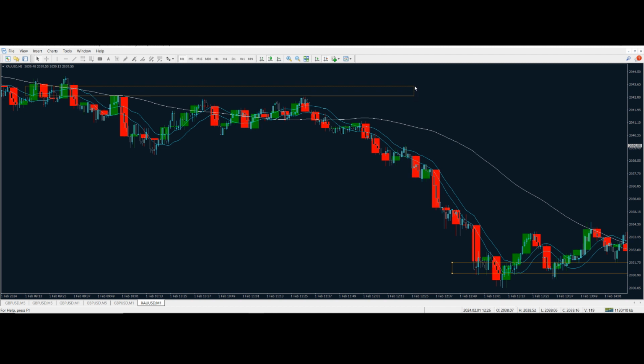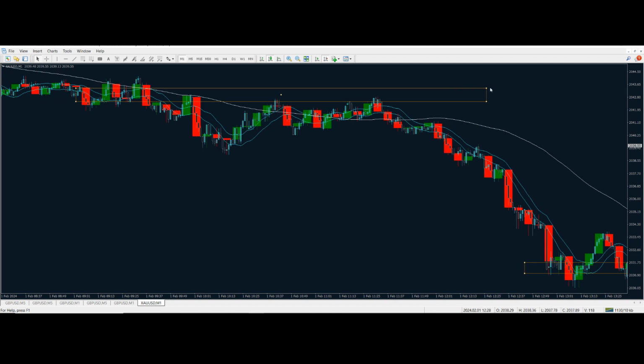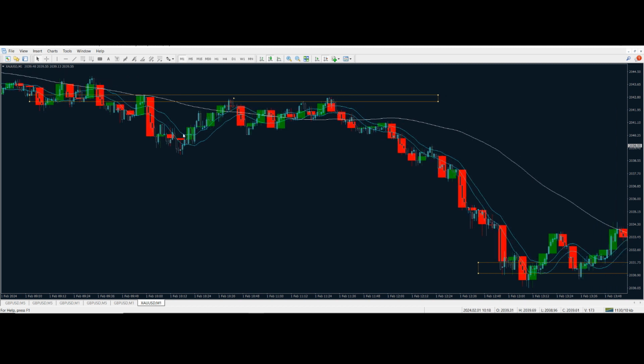This is the level we are working on. As you see, it's important because price touches here, and you can also make it with this level here. So this zone is important. Right now what we're using is this one here. Using this one, you see how price just responds there.